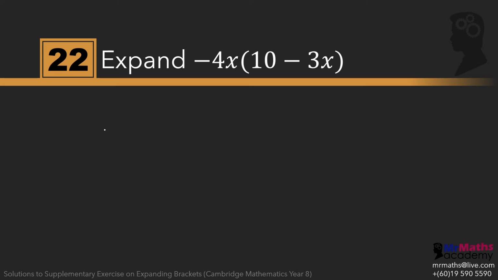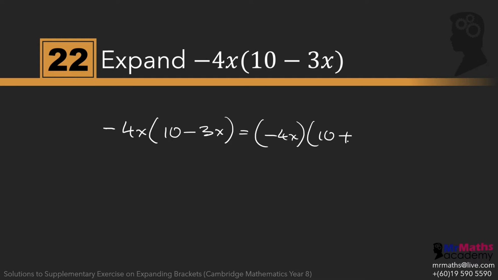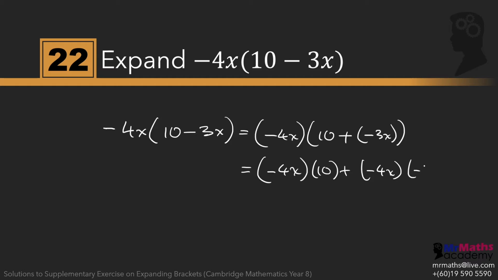Question 22. Minus 4x, 10 minus 3x. Enclosing minus 4x inside a bracket, then 10 plus minus 3x and close bracket. So we are going to multiply minus 4x by 10 plus minus 4x by minus 3x.